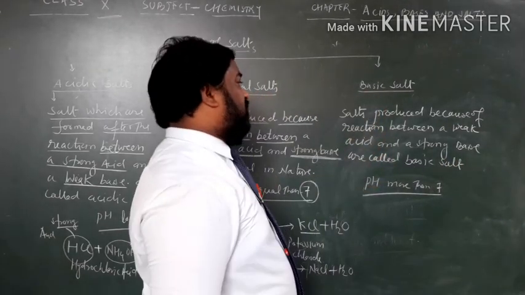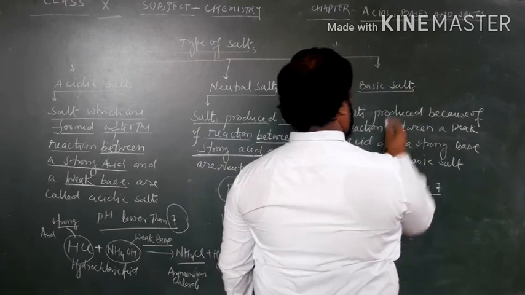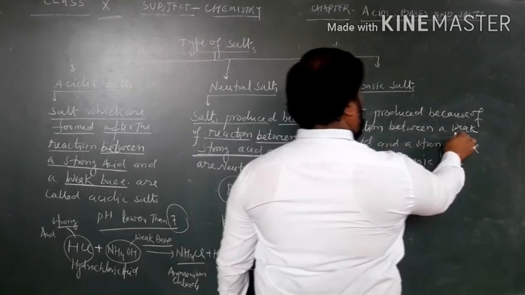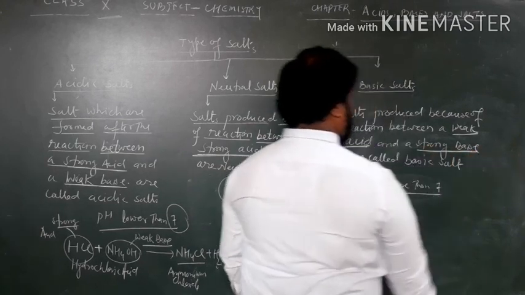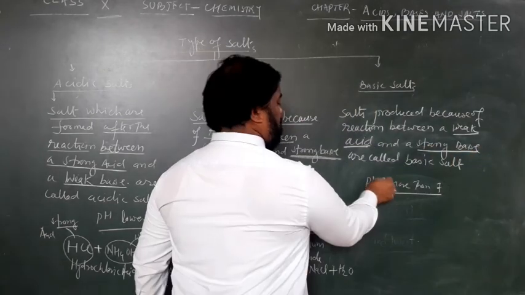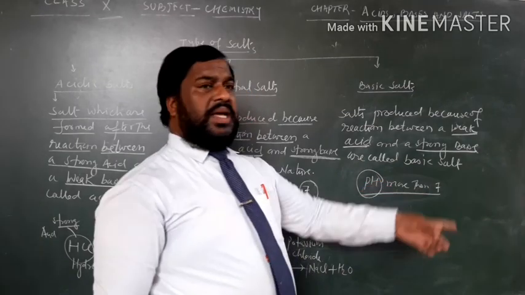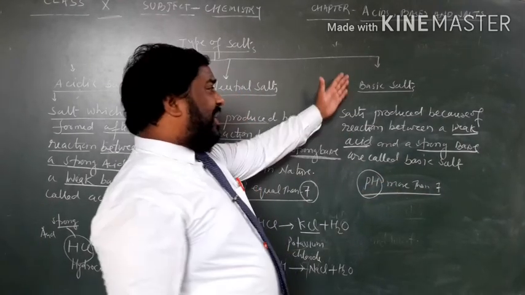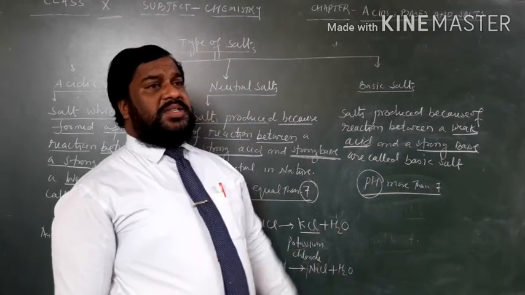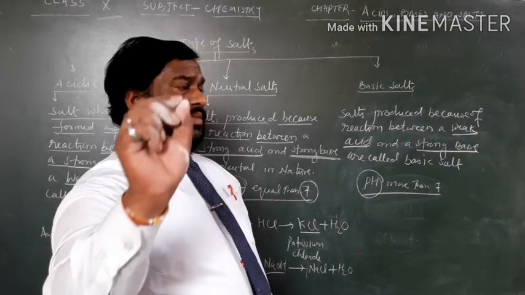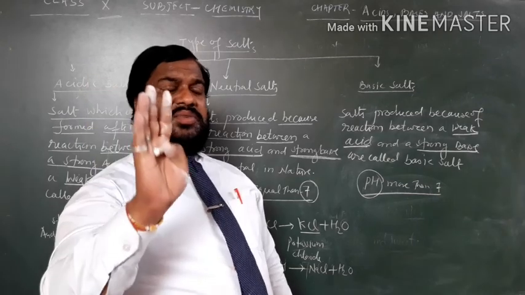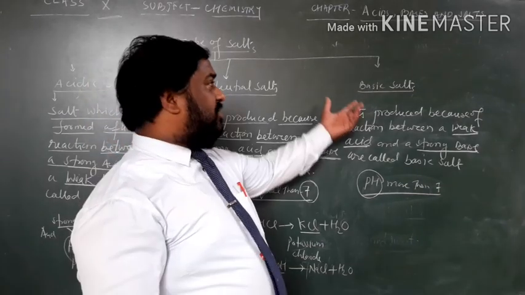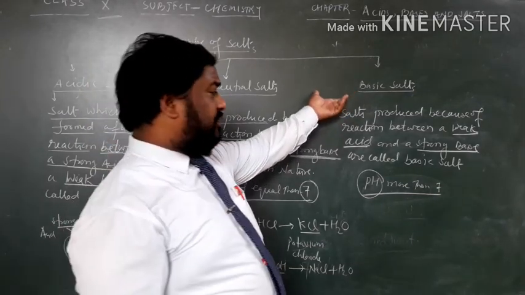So in basic salts, a weak acid reacts with a strong base. Here pH is more than 7. And in this type of salt, the basicity, means the basic nature, is not fully neutralized. That is why these are basic salts.